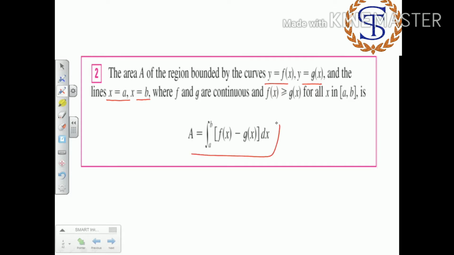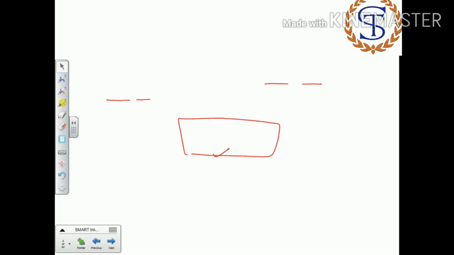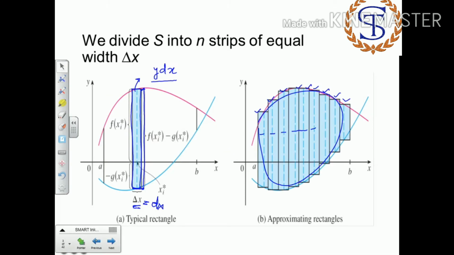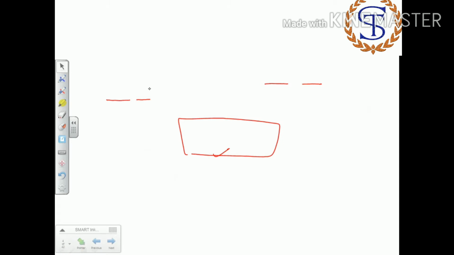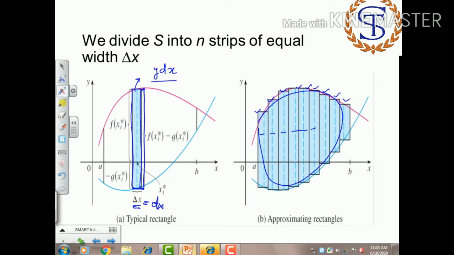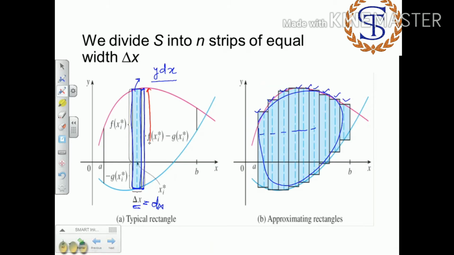Now see, the length of this rectangle up to the x-axis is f(x), and here it is g(x).